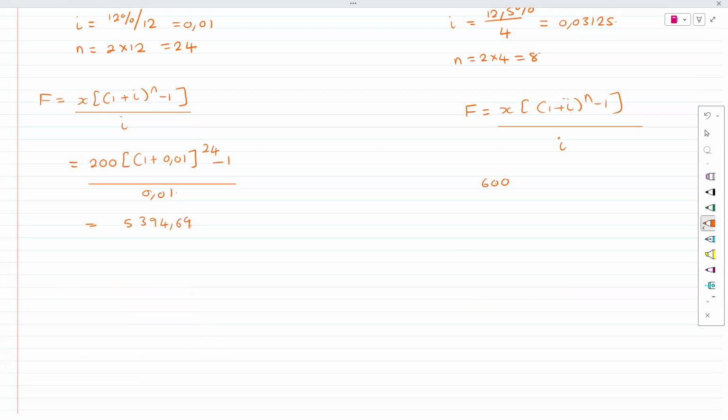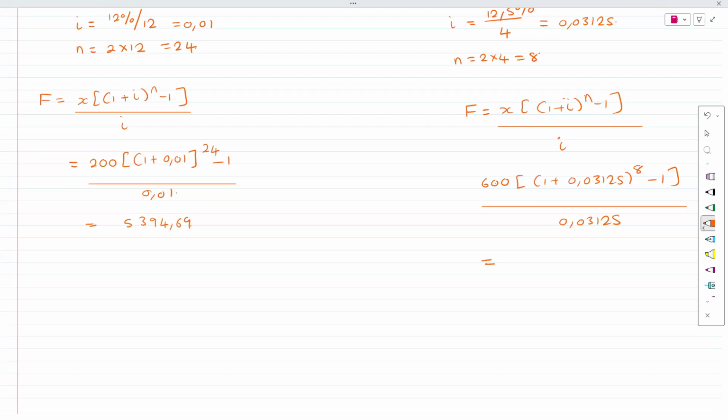It shouldn't be a problem. That's 1 plus 0.03125 to the power of 8, minus 1, and that's all over 0.03125.